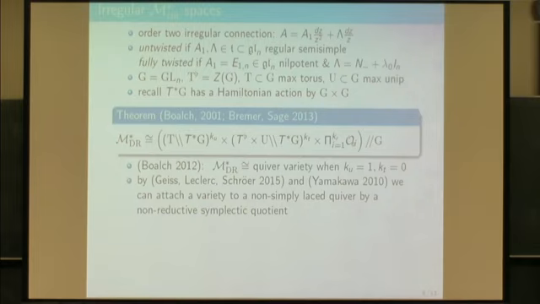What's the difficulty in this story? It's that in the quotient construction, you have to divide by a non-reductive symplectic group. So you do this formally or analytically. When you do it algebraically, you have to be careful.